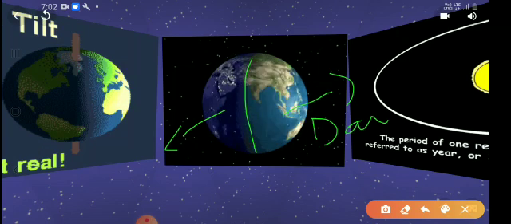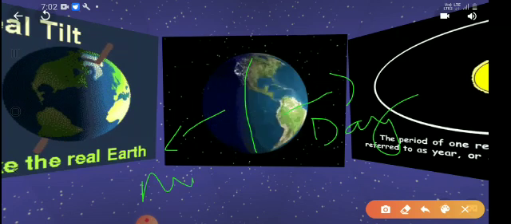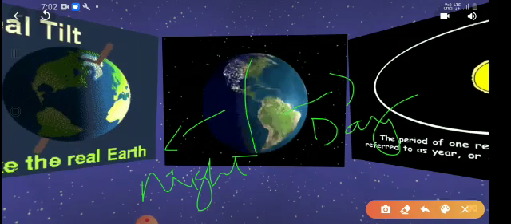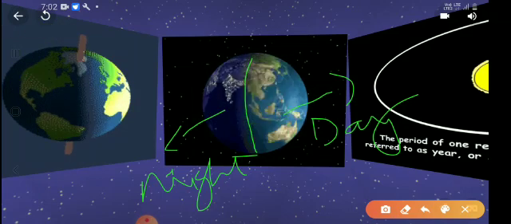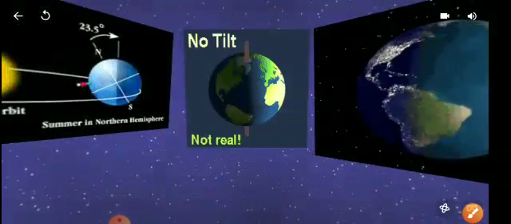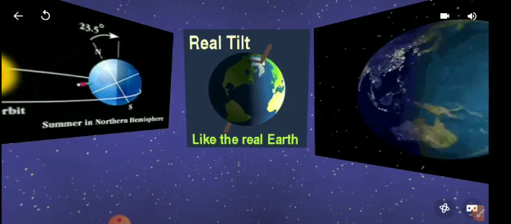Here it's day and over here it's night. Okay students, this is called rotation. So you got to know what rotation actually is.